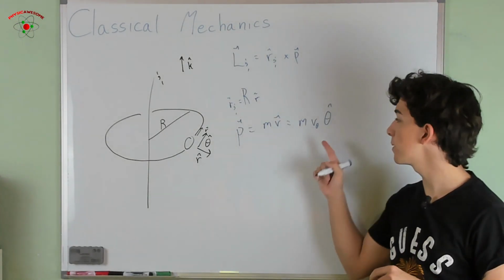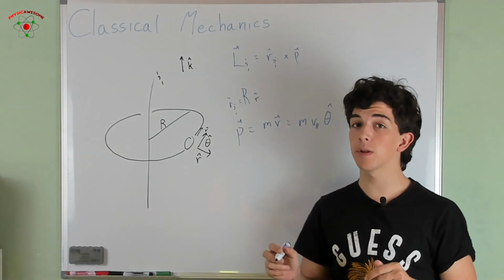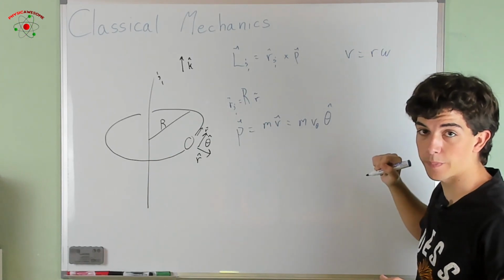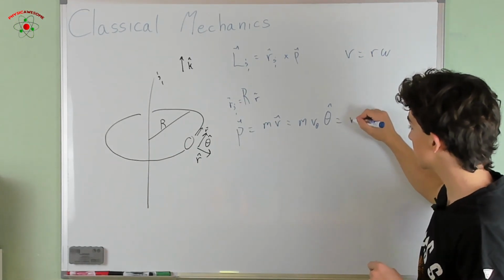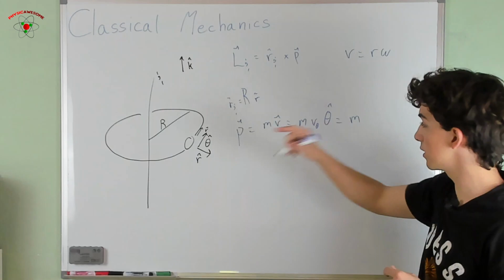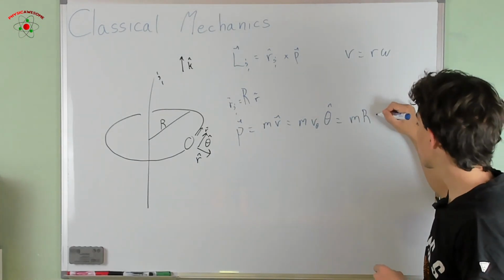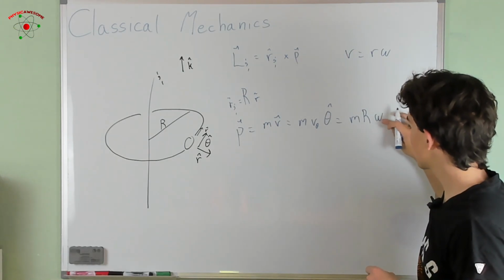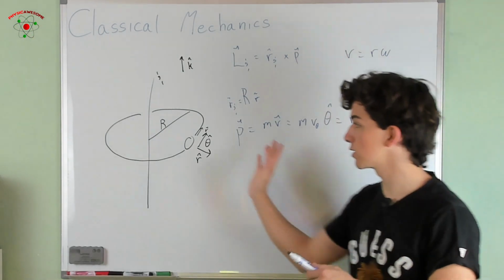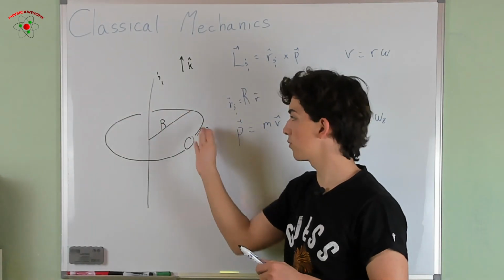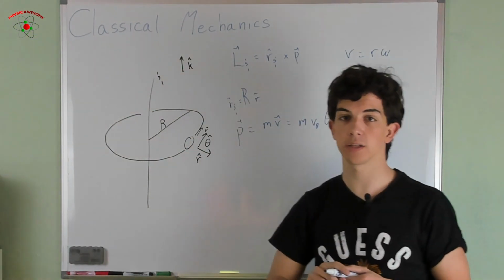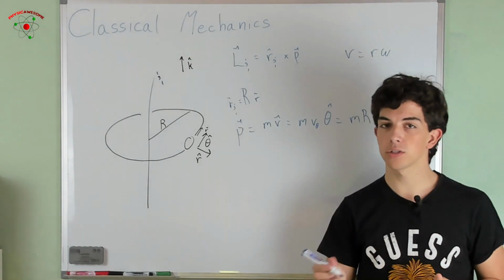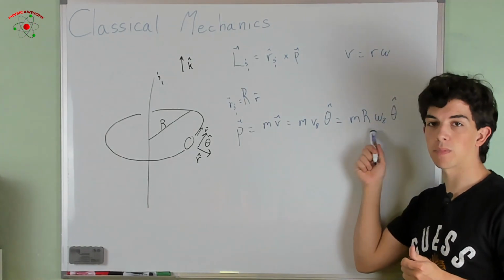Moreover, we know that this velocity is related to the angular velocity by v equals r w. So we have that this is equal to m, the radius r, w in the z direction, as this is going around in the k hat direction, and this is in the theta hat direction, because in here we're only changing magnitudes.